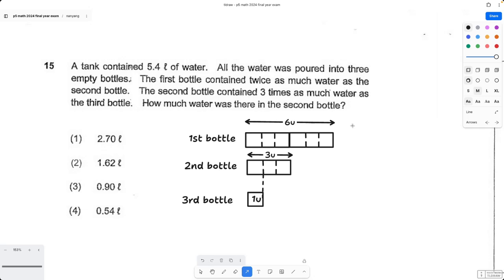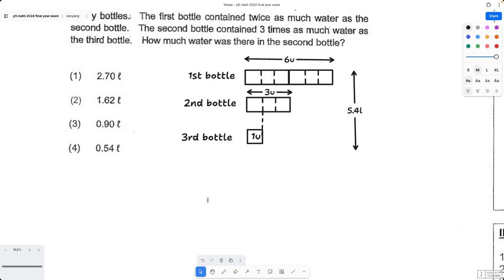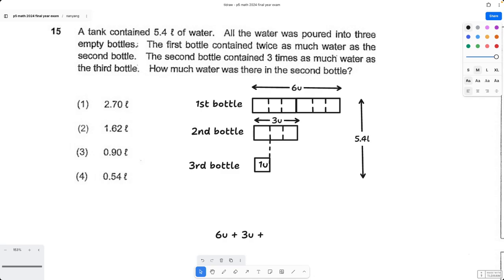Okay, and the total is 5.4 liters. So in that sense, we have 6 units plus 3 units plus 1 unit is equal to 5.4 liters.